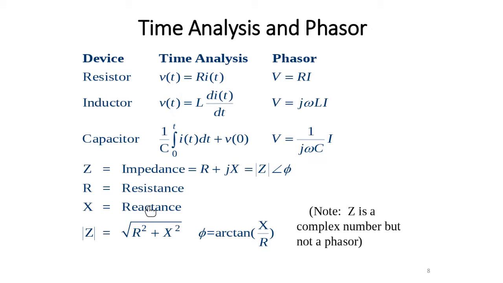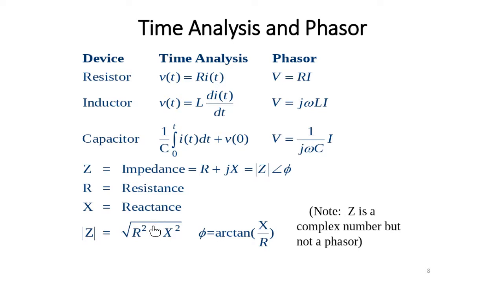We have our resistance, then the reactance. Of course, we also need the magnitude of the impedance, which is just the square root of r squared plus x squared, because this is a triangle.